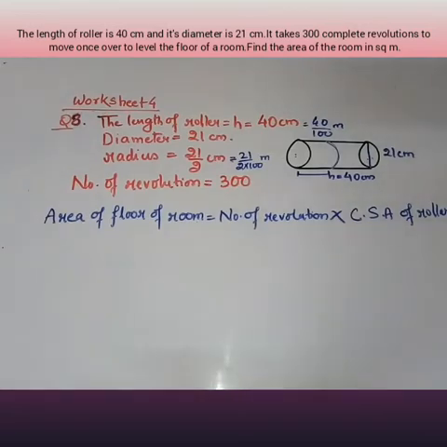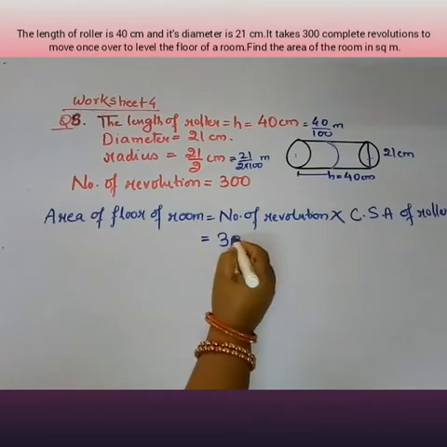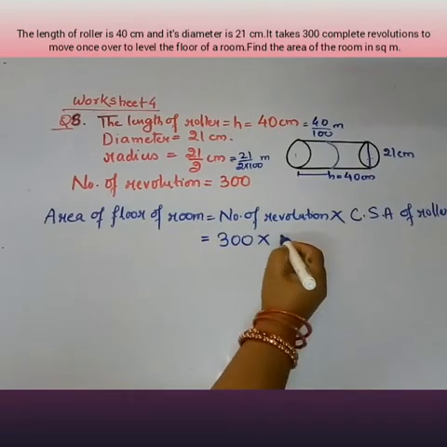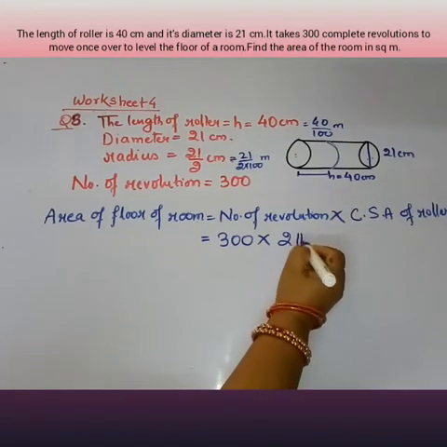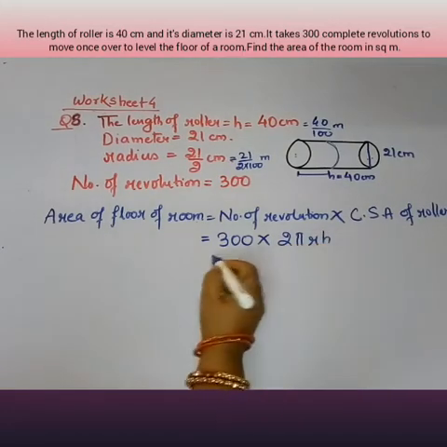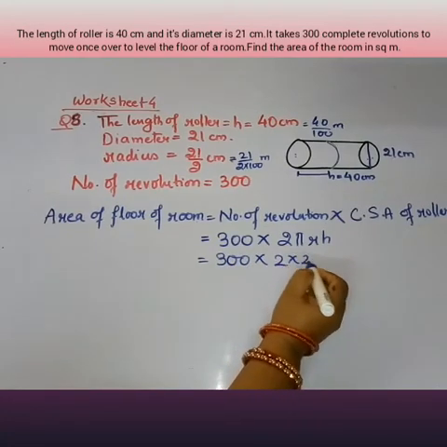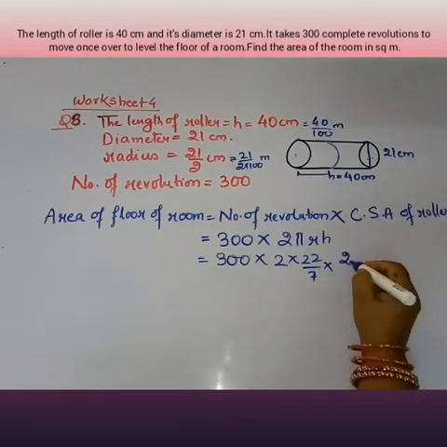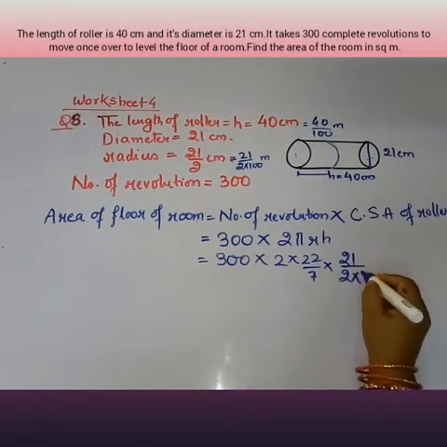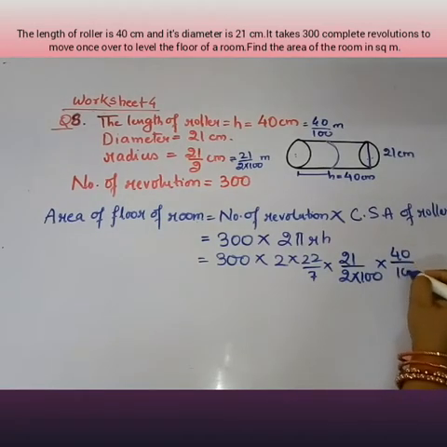That means this will be number of revolutions 300, and the curved surface area, since the shape is a cylinder, will be 2 pi r h. That means 300 multiplied by 2 into 22 by 7, and the radius is 21 by 2 into 100, and height is 40 by 100. So I'm going to cancel it.